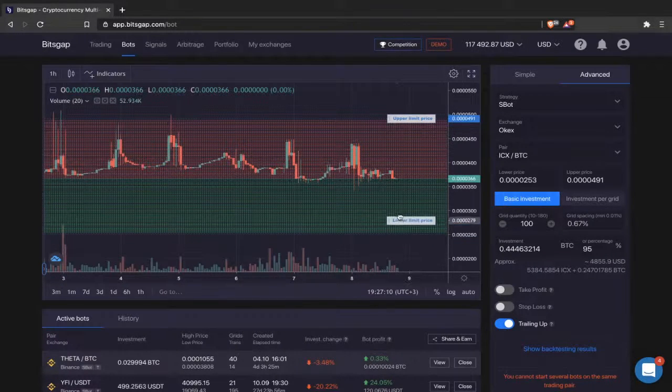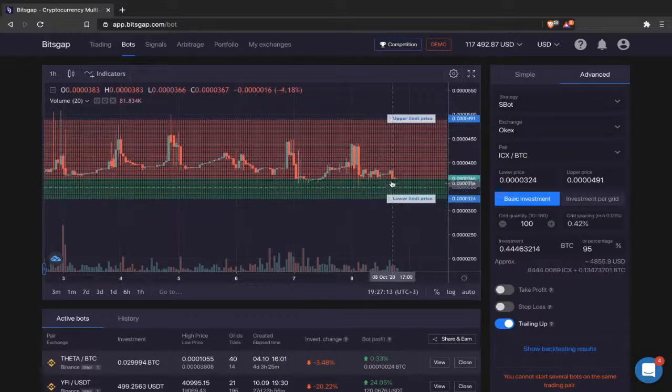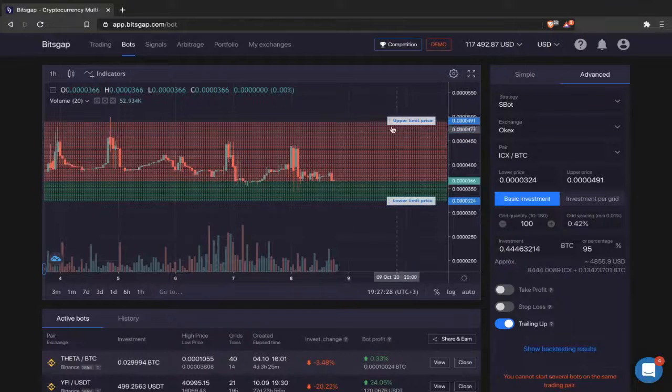You see, if I have a narrow buy side and a wider sell side, that means that in order to launch this bot, I must have more of the base currency at the time of launching the bot than the quote currency. Because you see, according to this trading configuration, I have more sell limit orders than buy limit orders. And that is why, in order to plot all of these sell limit orders, we must have enough of the base currency.